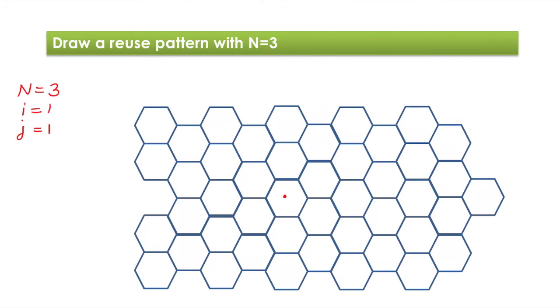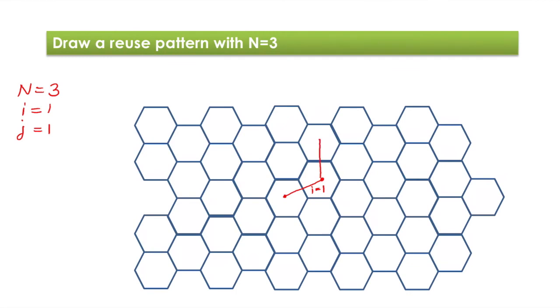Let us start from this cell. Since i equal to 1, along the sides of the cell, it has 6 sides, any one of the sides we can consider, we can move a distance which is given by i equal to 1. Now we will take a 60-degree anti-clockwise turn.